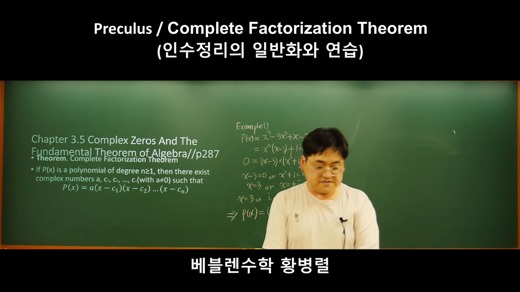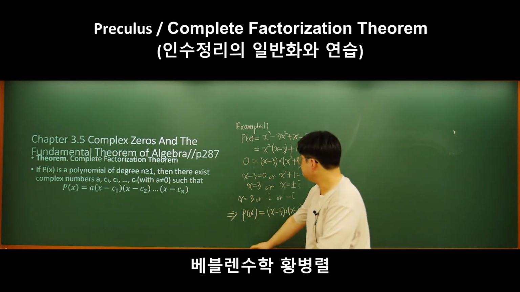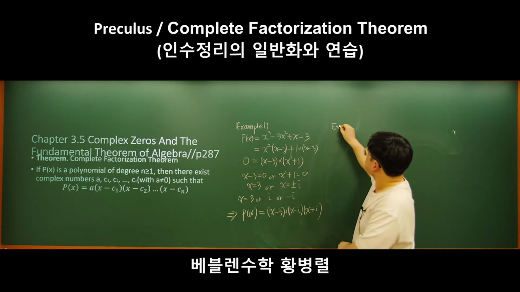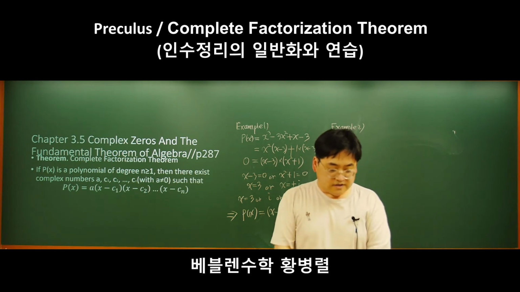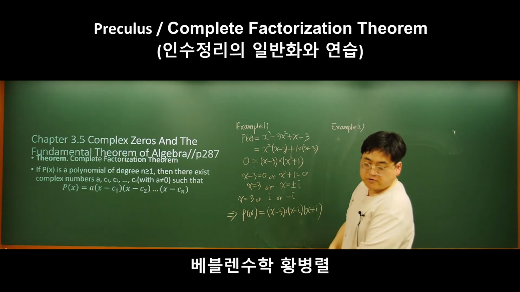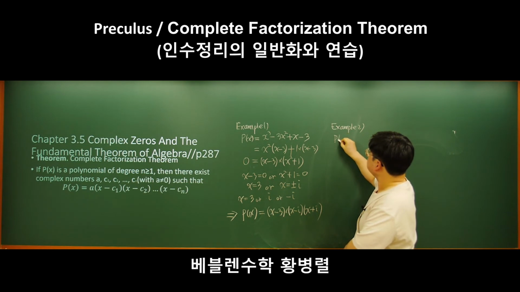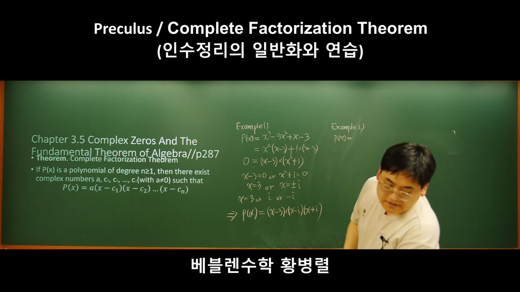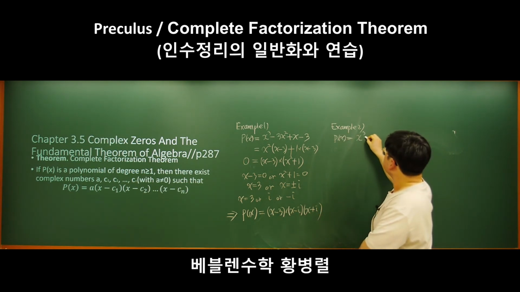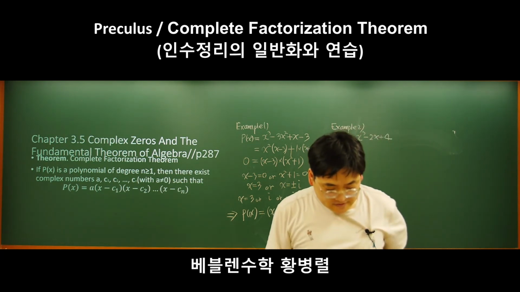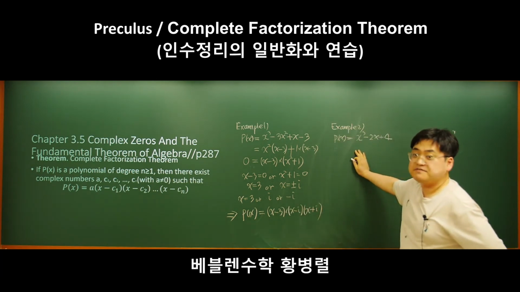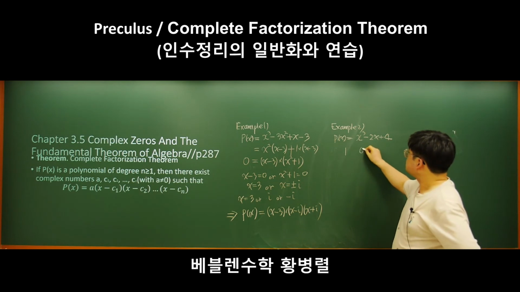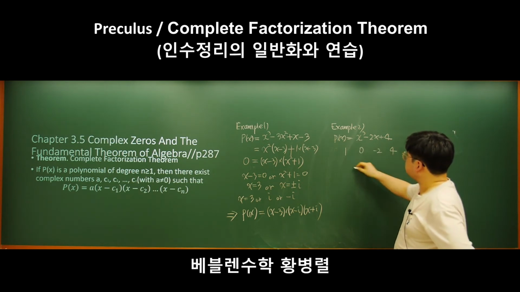Let's see the next example, example 2. Given the polynomial p(x) equivalent to x cubed minus 2x plus 4. By synthetic division, the coefficients are 1, 0, negative 2, 4.